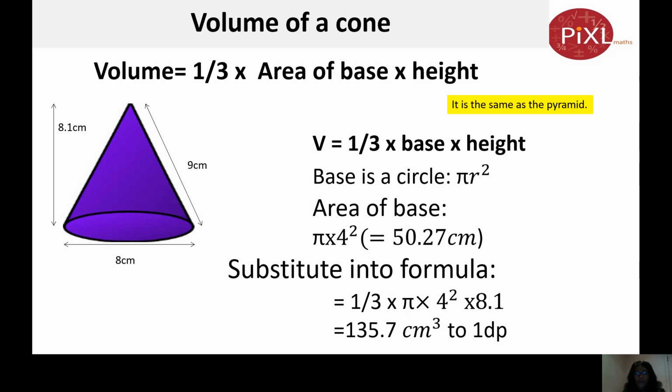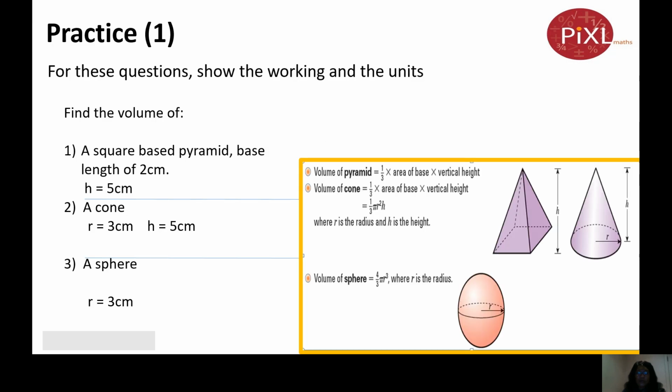Substitute into the formula like this, and then you get a final answer there. So now it's your turn to complete these 3 questions, and I'm going to give you 6 minutes.